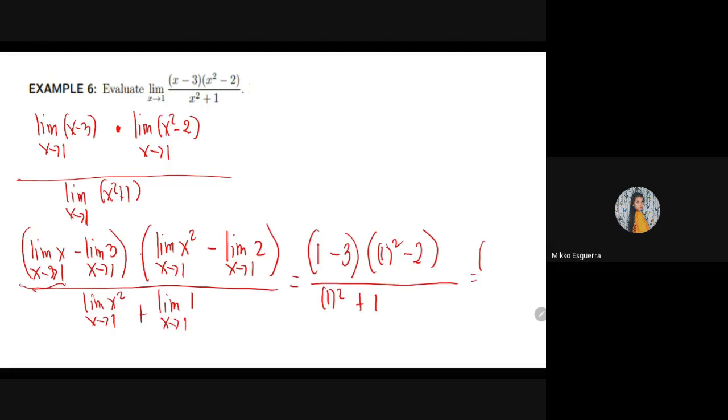So there will be negative 2 and then this will be negative 1 all over 2. So 1 squared is 1, minus 2 is negative 1 all over 2. So we have there 2 all over 2. So the limit of x minus 3 times x squared minus 2 all over x squared plus 1 as x approaches to 1 is equal to positive 1.